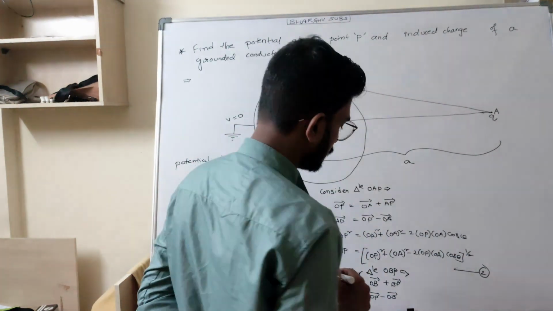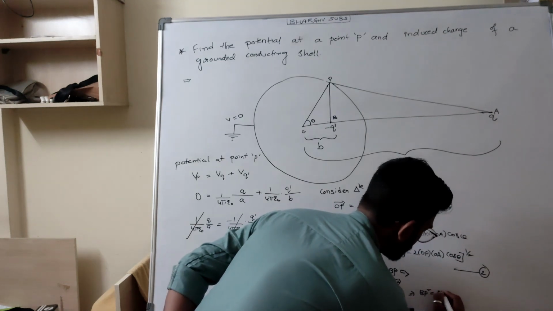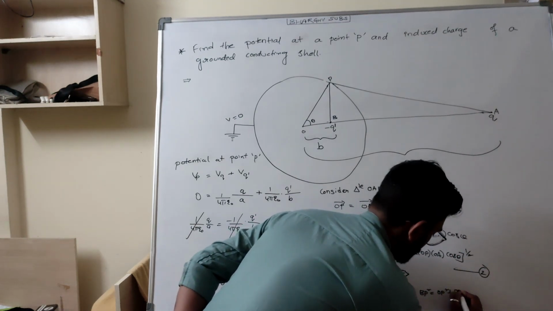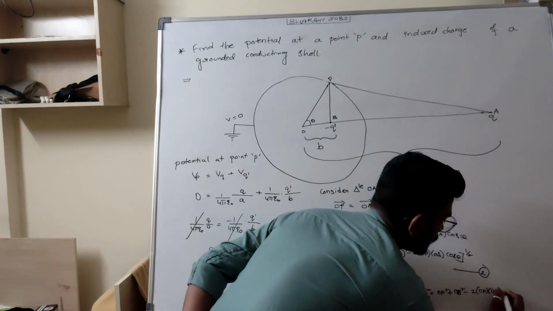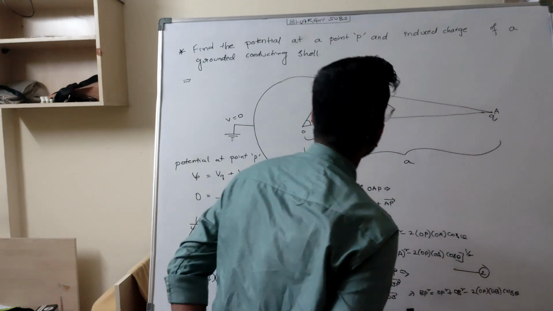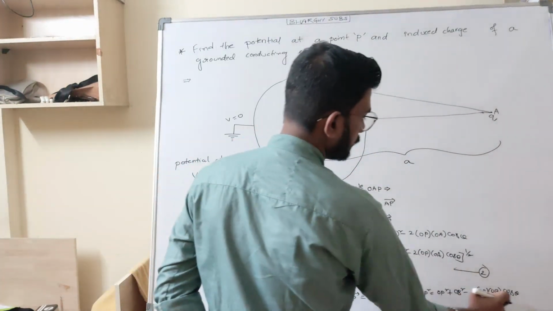Again I am squaring on both sides. So BP square is equal to OP square plus OB square minus 2 OP OB cos theta, again the angle between OP and OB is theta.